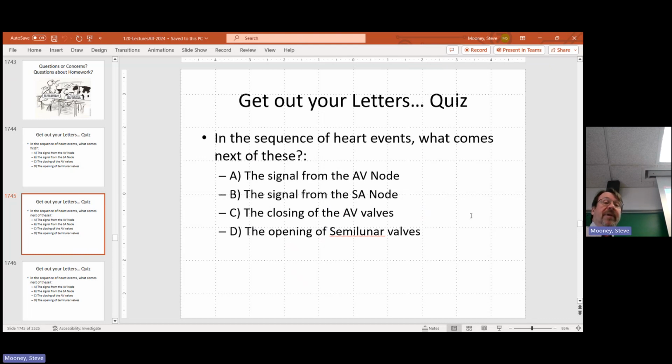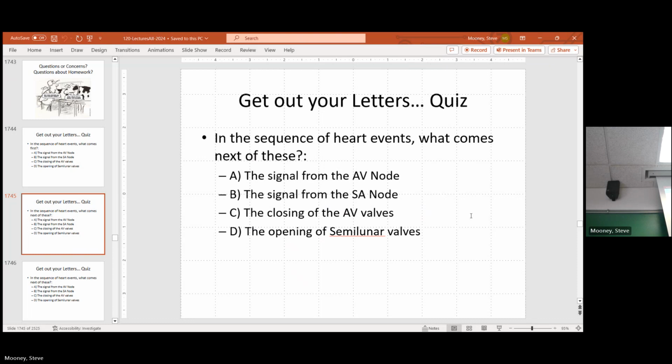So next up would be A. You've got that signal bathing the top of the heart. That's going to hit the AV node. That's going to send a signal down. That's going to start what? Contractions. As soon as contraction starts, what's next?